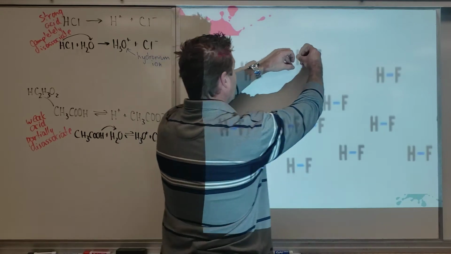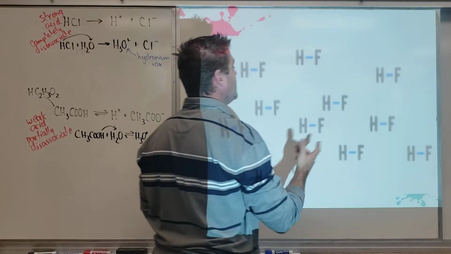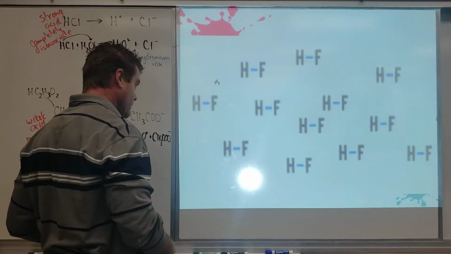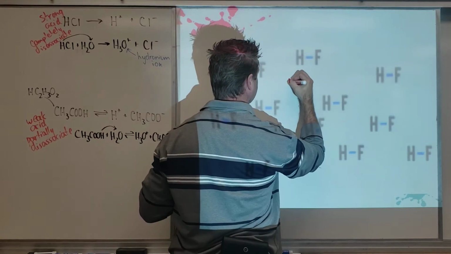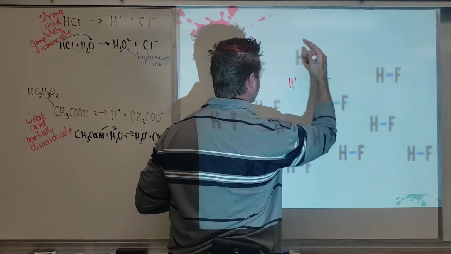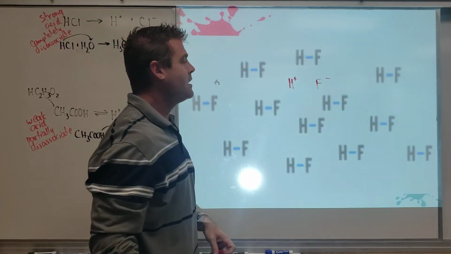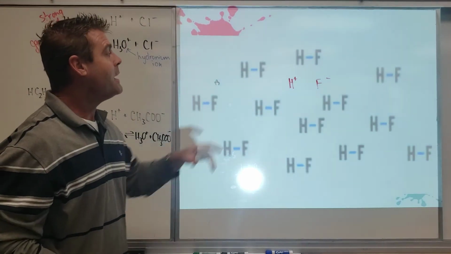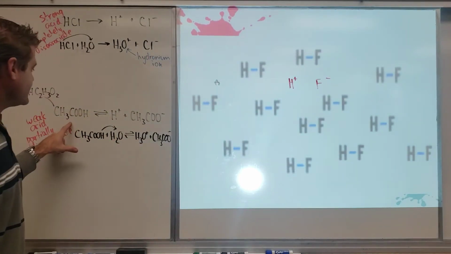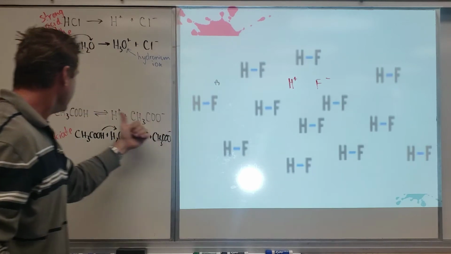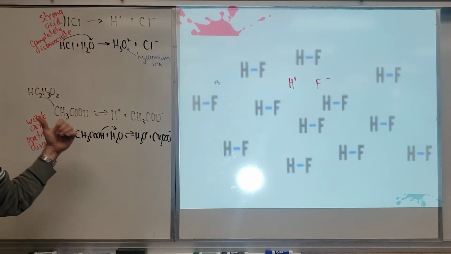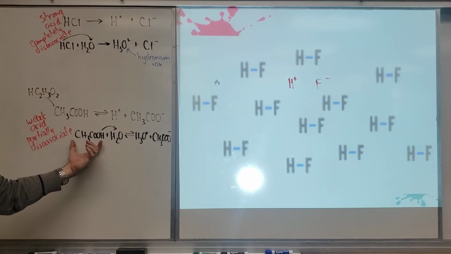Occasionally some will dissociate, so at any given time you might have a few ions that are dissociated. But in general, with weak acids like acetic acid and hydrofluoric acid, the left side of the reaction is favored, where they stay in the associated form.